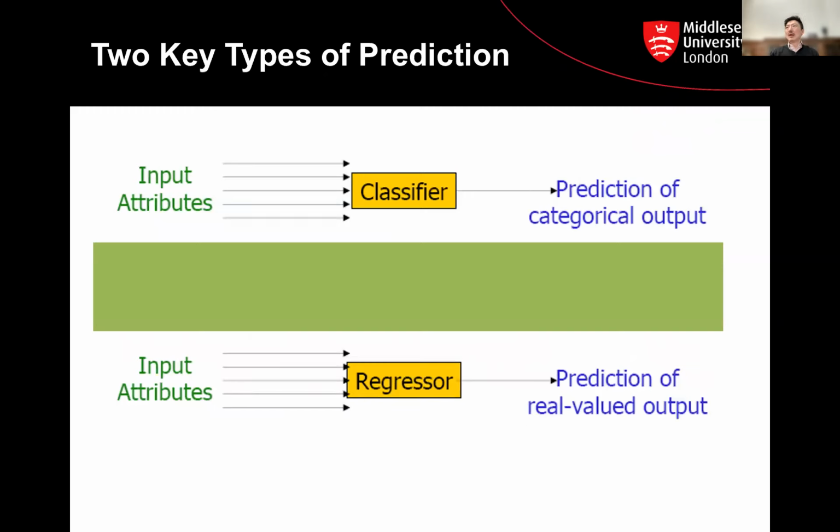There are two types of prediction. The first one is classification. You have the input data, and you have the model, which here is called a classifier, and you predict a categorical output.